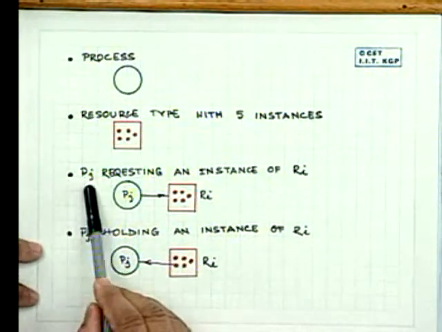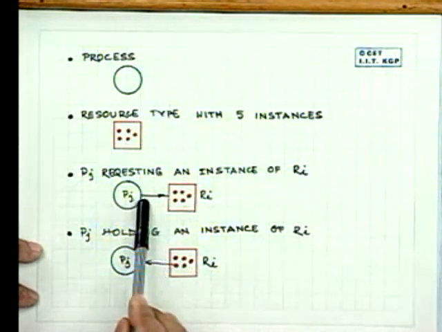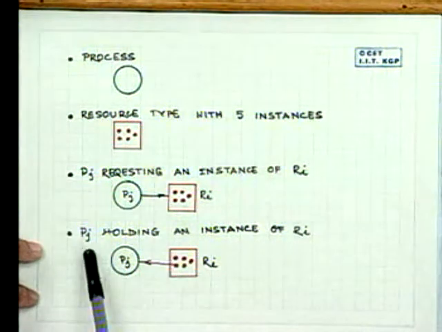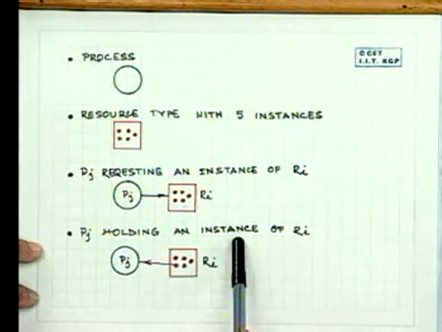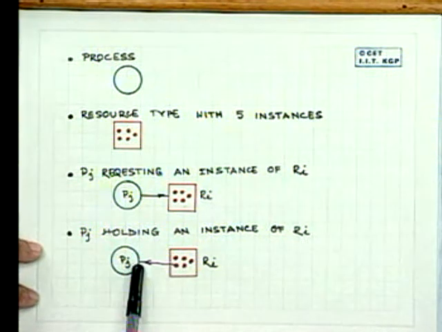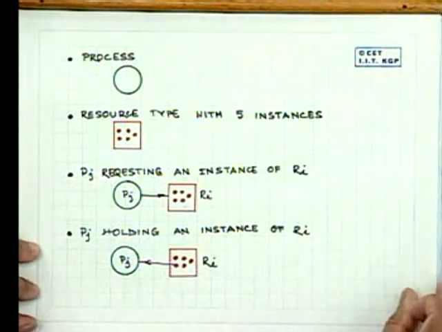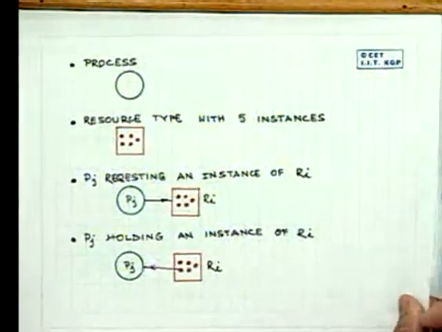Now, Pj requesting an instance of Ri will be shown this way, and Pj holding an instance of Ri will be shown this way, that one of the instances is being held by Pj.